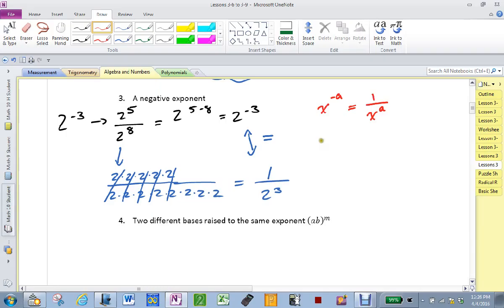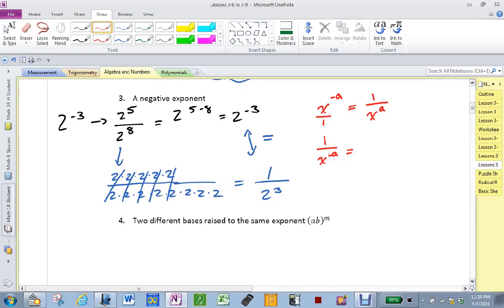What if I have this? 1 over x to the negative a. Now there's a negative a that makes no sense, isn't there? Where is he? He's already in the denominator. Well, when he was in the numerator, because this is really x over 1, isn't it? He went to the denominator. What happens here?